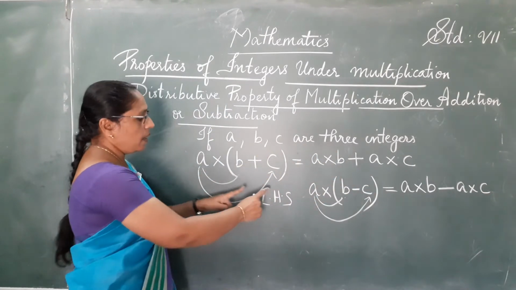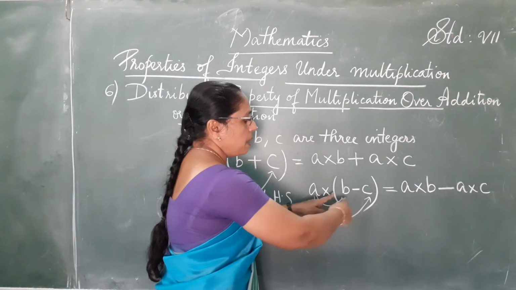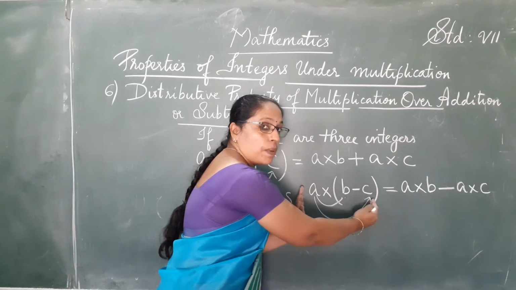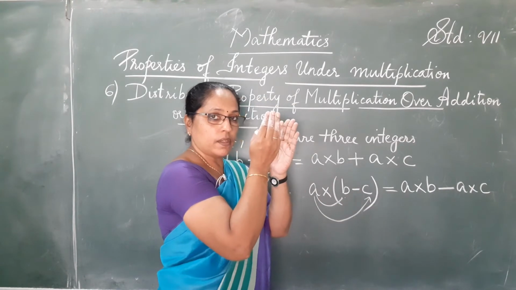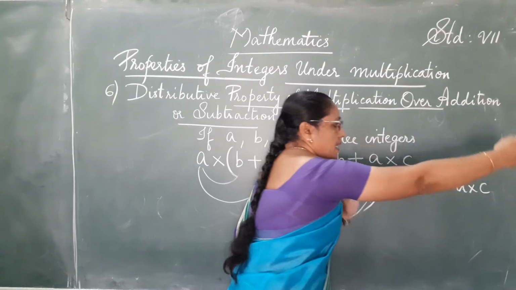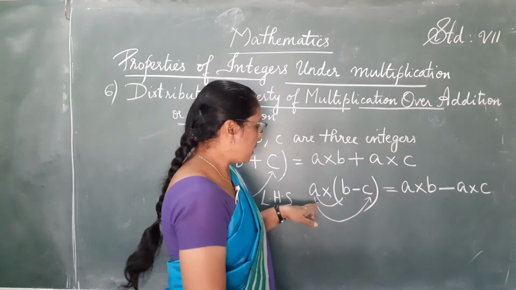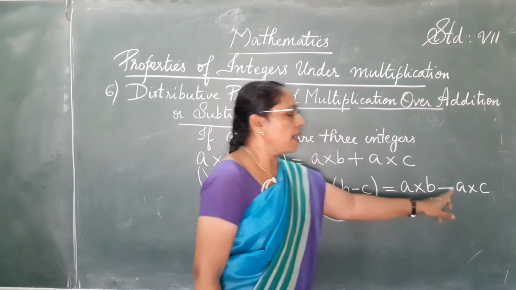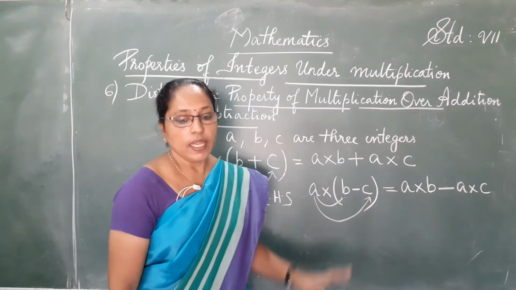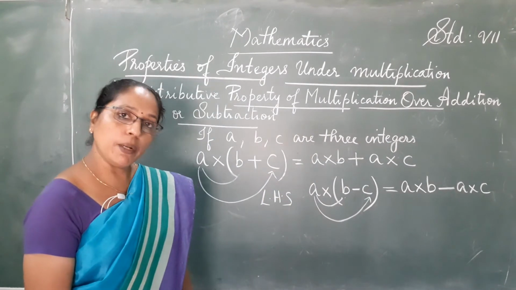Then it will become A into bracket B minus C. So the left hand side part is the short form of the distributive property and the right hand side part is the long form, that is A into B minus A into C. This property is known as the distributive property.